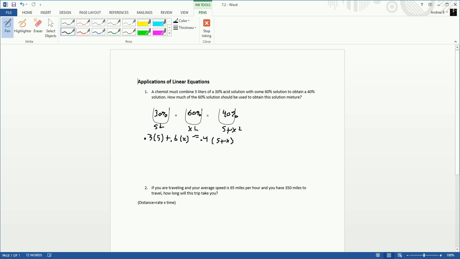And then we want to simplify, so we'd have 1.5 plus 0.6x. So we want to convert those percents to decimals. The right side equals 2 plus 0.4x.